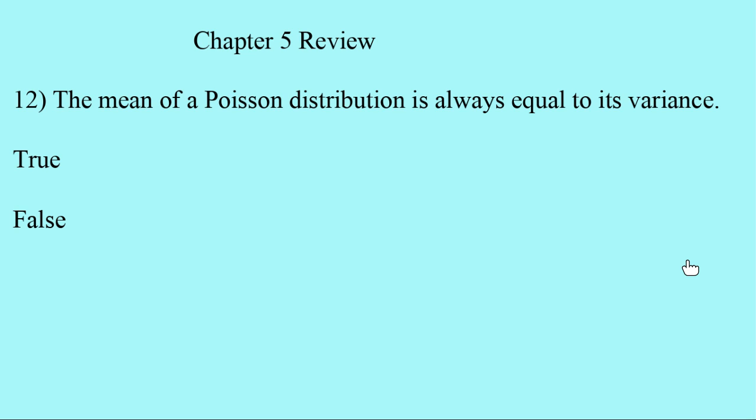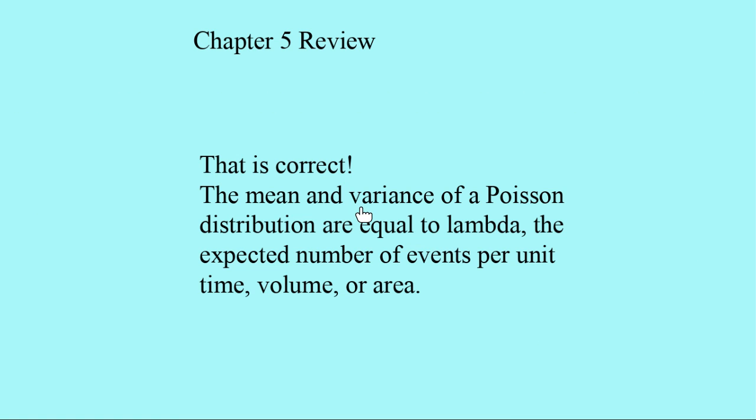Yes, no? Yes, don't think so. It is so. The mean and variance of a Poisson distribution are equal to lambda, the expected number of events per unit time, volume, or area. Yeah, your memory seems to be working fine.